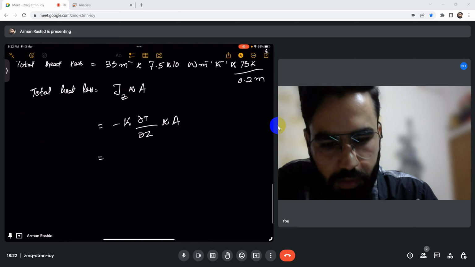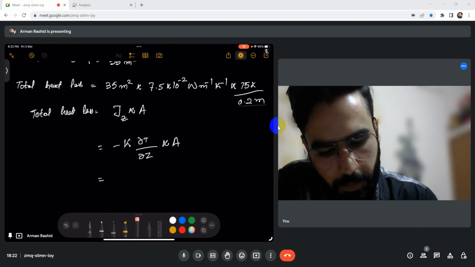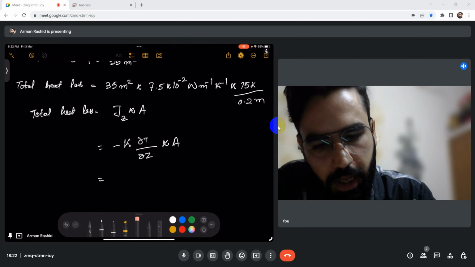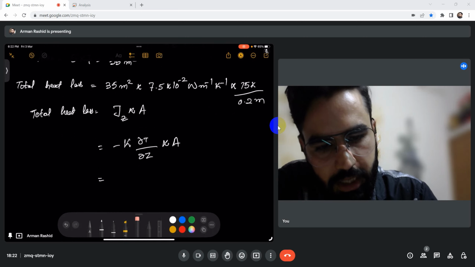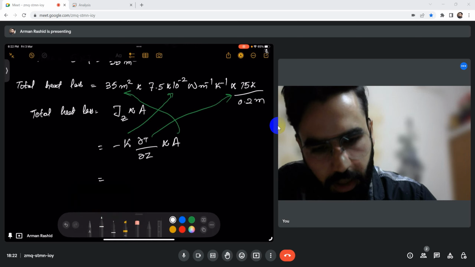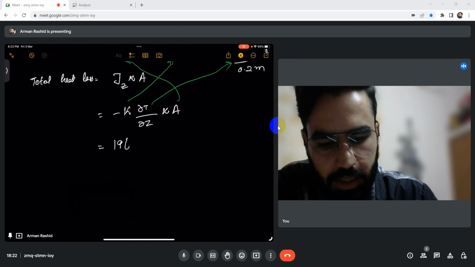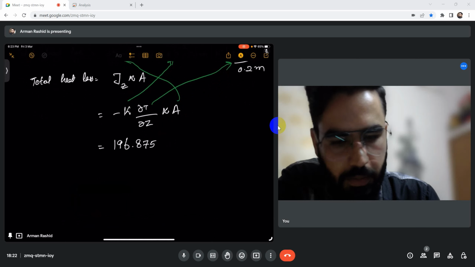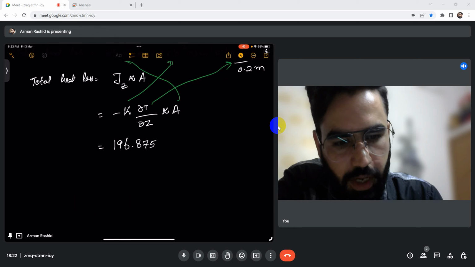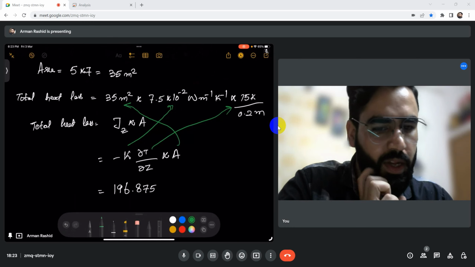So we put in all those values: conductivity is given by this, K is given by this, dT by dz is given by this, and the area is given by this. It's as simple as that. Then we calculate the total, and it becomes 196.875. Also we have to find the unit.